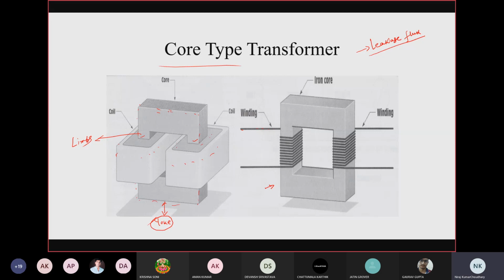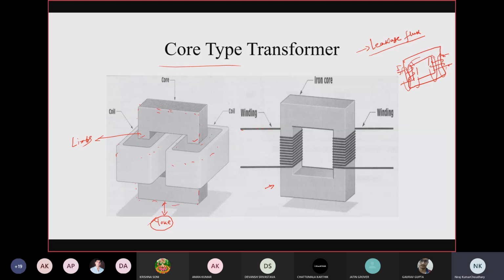तो जैसे कि ये अगर तुम लोगों को याद हो डायग्राम, यहाँ एक वाइंडिंग था. This is your low voltage winding, suppose. So when current was flowing through this, then flux was developed, right? So which flux was the main flux or useful flux?